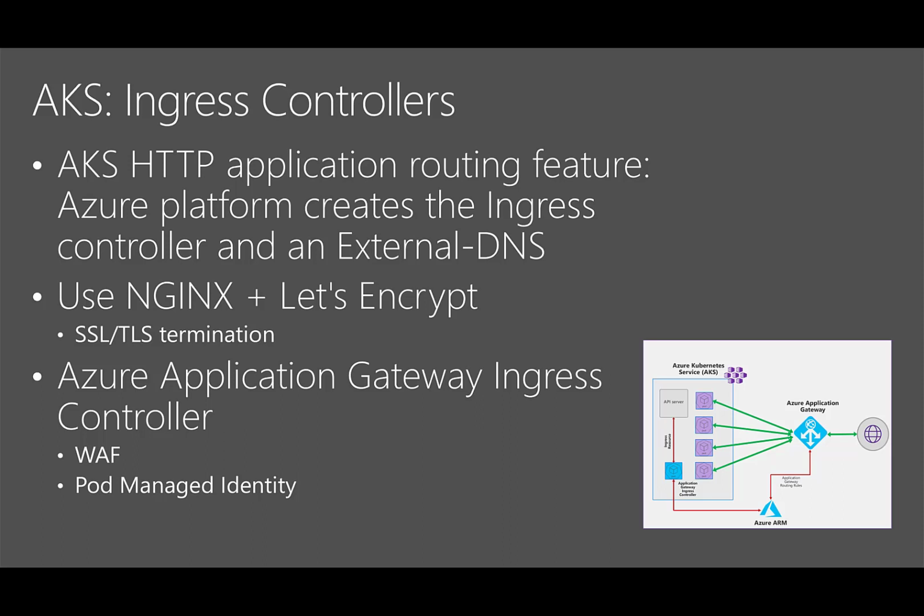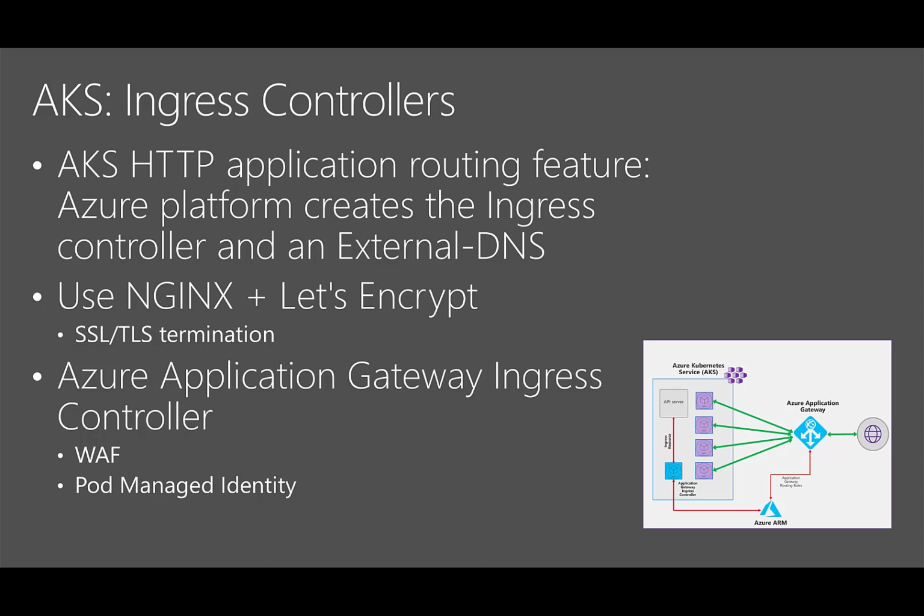Another thing you can do is install Nginx using a Helm chart, and use Let's Encrypt to create SSL TLS termination for your cluster, for your services. And the third option I've been exploring is using Azure Application Gateway as an ingress controller, which lets you add a web application firewall to your cluster.